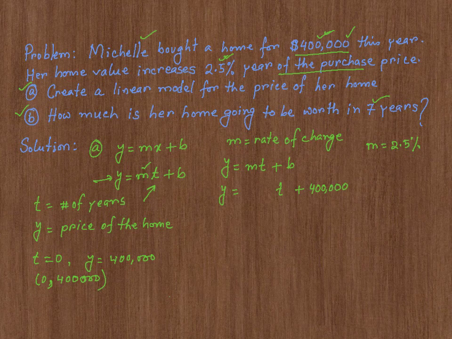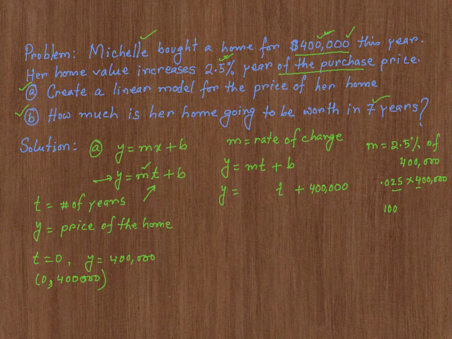It's 2.5% of something. And what is that something? 400,000. So 2.5% is 0.025 times 400,000. Now I'm going to show you how to do this multiplication. Let's consider 25 and 4. 25 times 4 is 100.